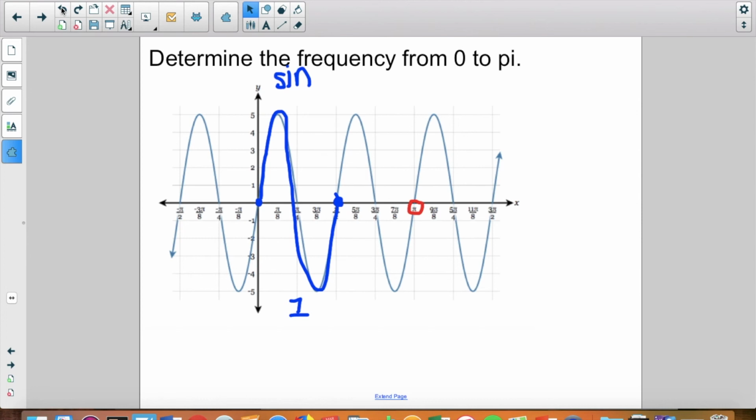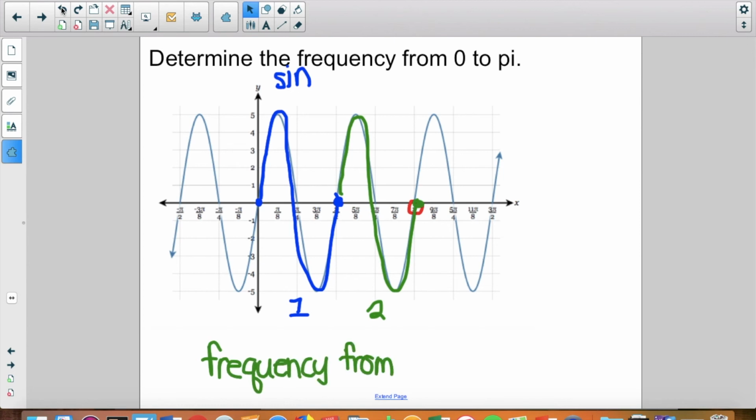And now we're going to outline another. This was the second rotation, and then we've hit our endpoint. That tells us that the frequency from 0 to pi is 2.